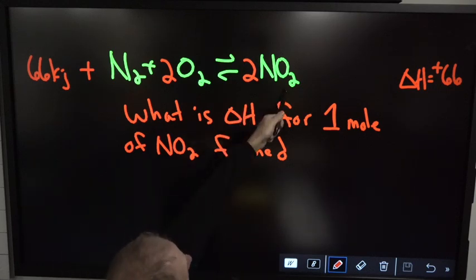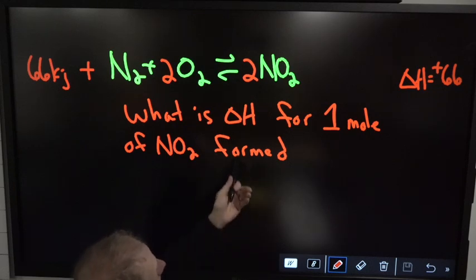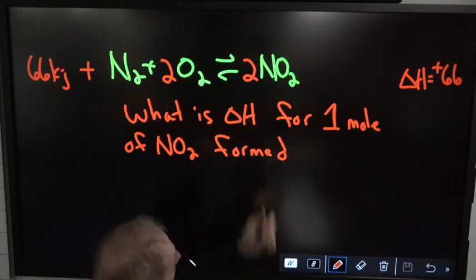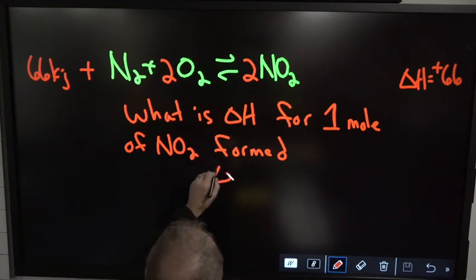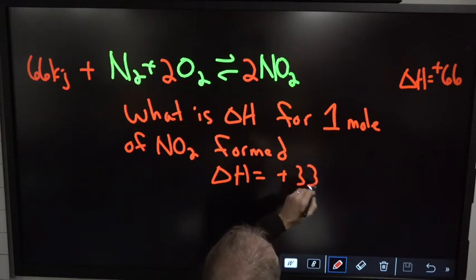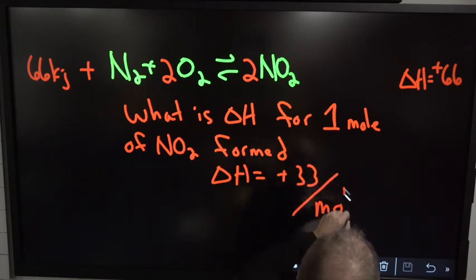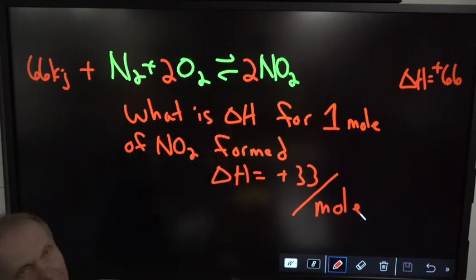Well, 2 NO2s equals a plus 66. So obviously, if I only want to know how much delta H for one molecule of NO2, I cut it in half. So the delta H would equal a plus 33 per molecule. Plus 33 per molecule formed.